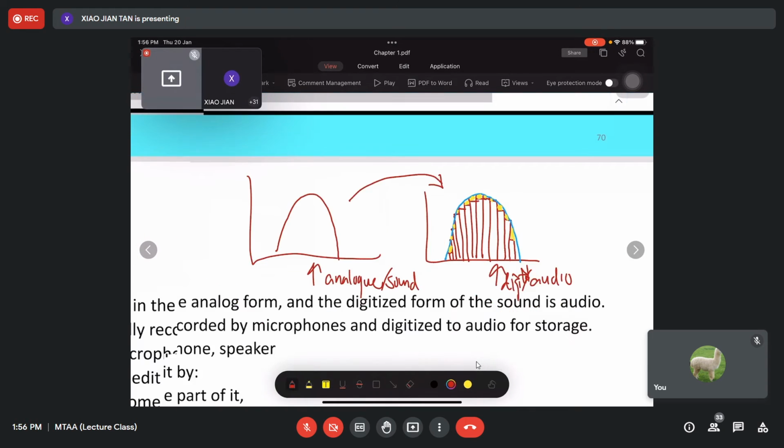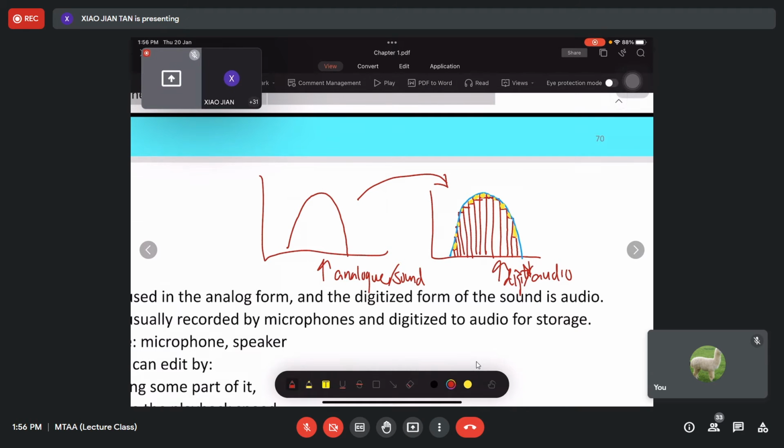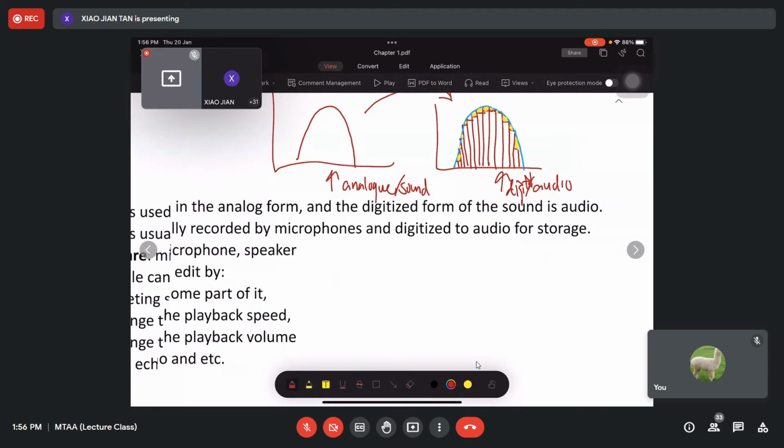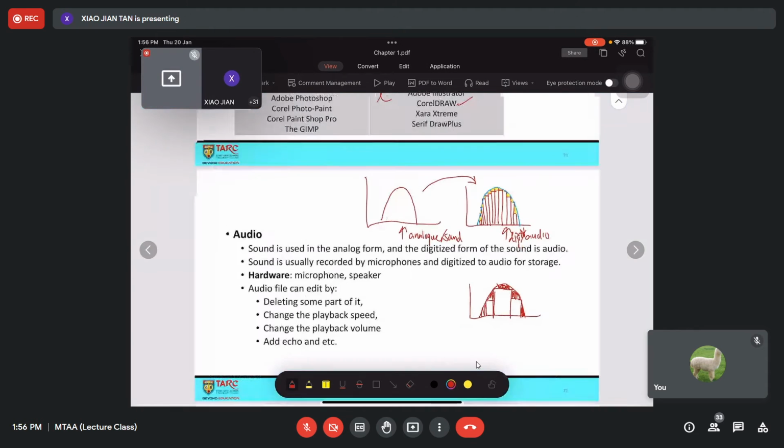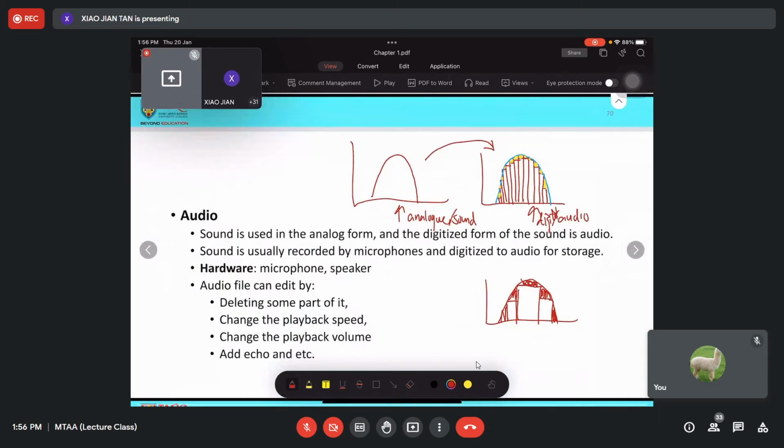When you have a very low sampling, for example you only take 3 samples, you will have a greater loss here, here, and here. This is the portion where the data will be lost when you convert from analog to digital.